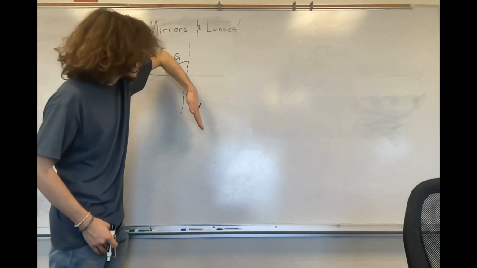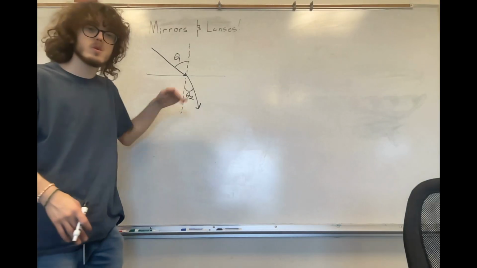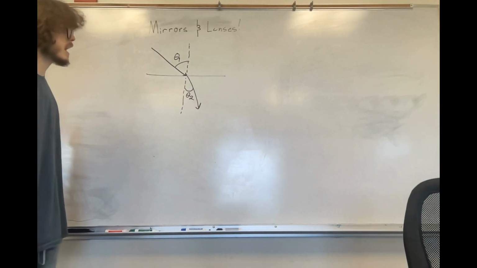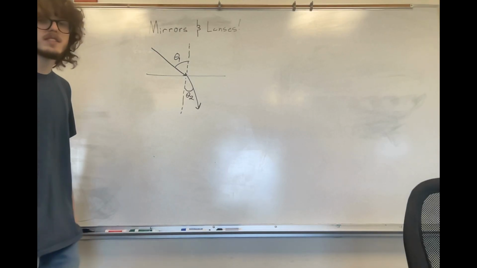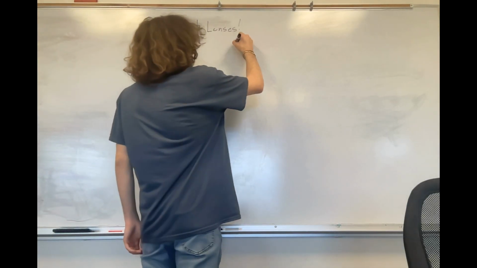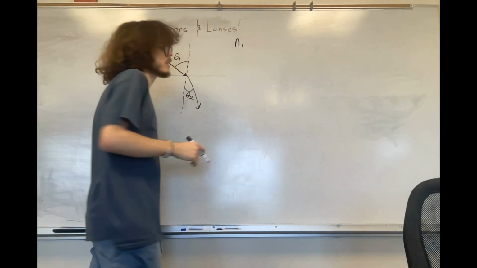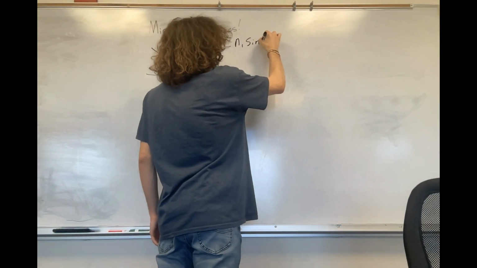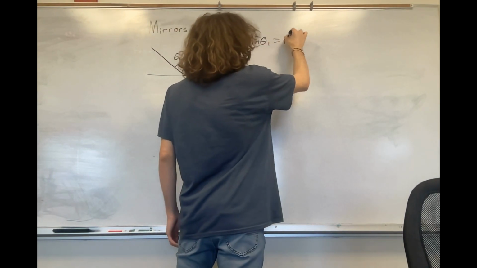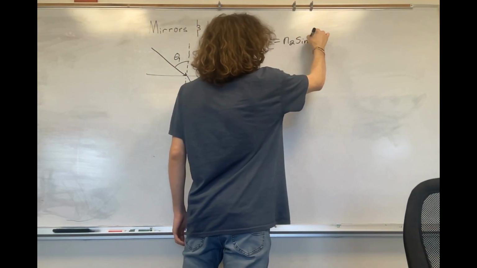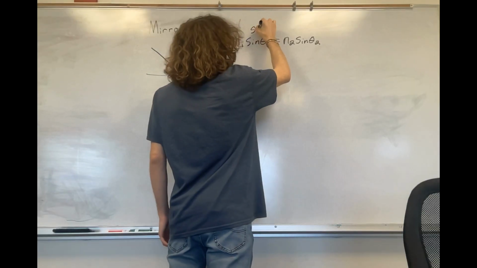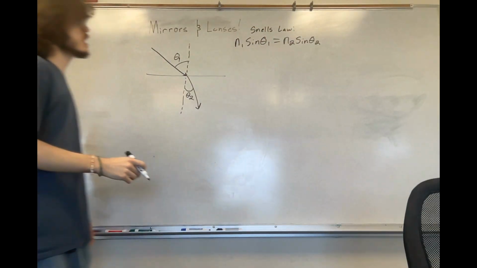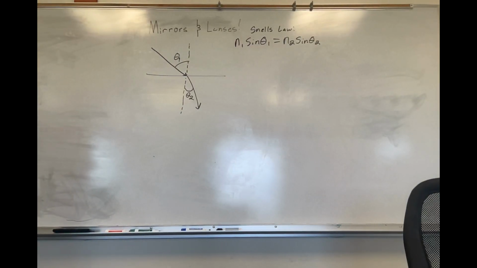Now when it enters the medium, it gets refracted towards the normal. It's almost getting bent inwards, okay? And Snell saw this and made this idea of Snell's law. And it basically relates this thing called the index of refraction times sine of the angle theta 1 to the index of refraction times sine theta 2. So this is Snell's law, okay?